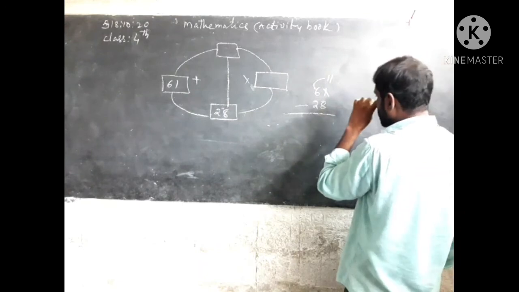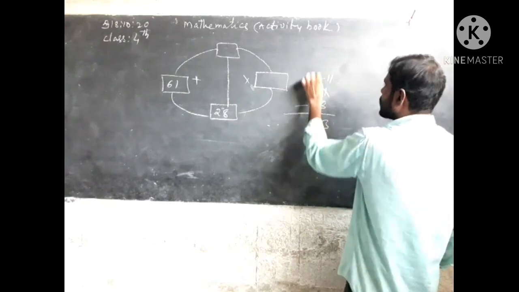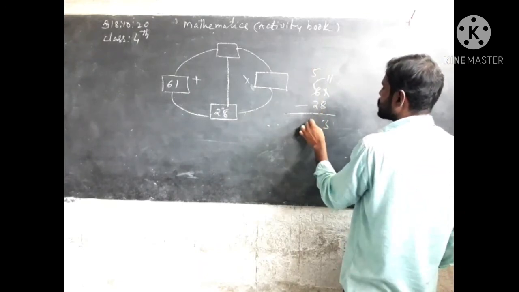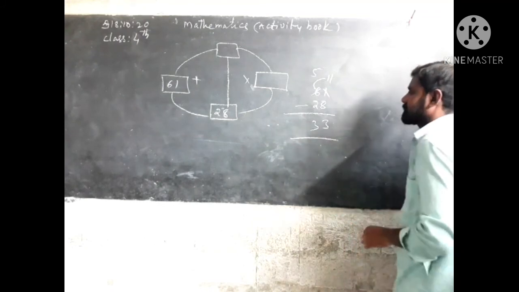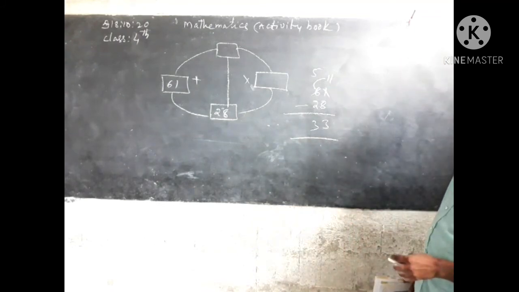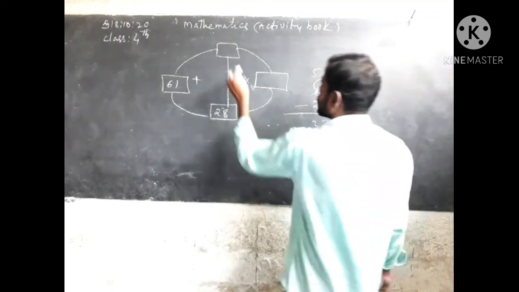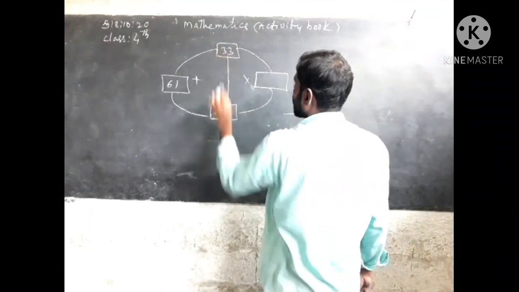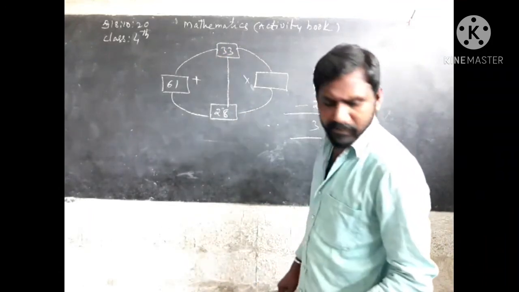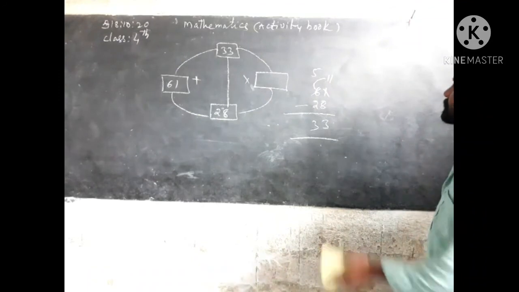Borrowing, 11 minus 8, 3. Cut it. 5 minus 2, 3. 33. So you can write here 33. Now next, 33 into 28.